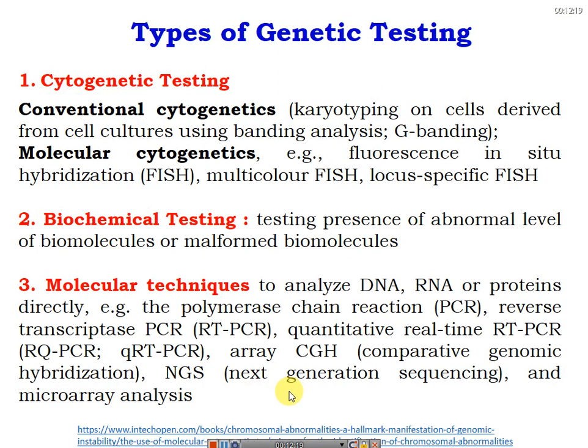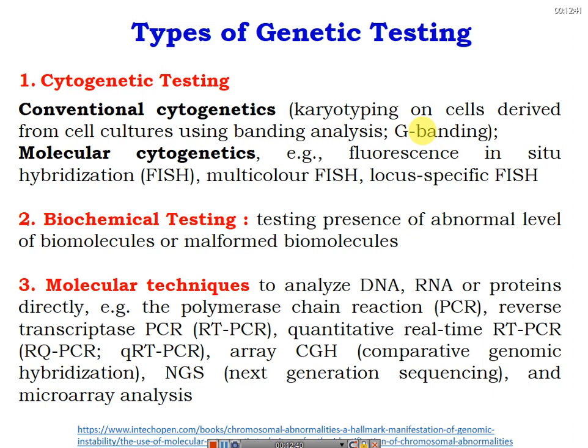There are different types of genetic testing. There are basically three types: cytogenetic testing, biochemical testing, and molecular testing. Here in genetic testing, our aim is to identify the reason of the disease, right? Whether it is genetic or non-genetic. So we employ cytogenetic testing, biochemical testing, or molecular testing for this purpose.